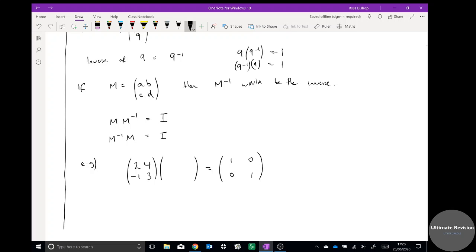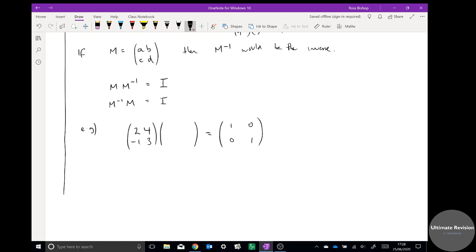Effectively, we're trying to work out the inverse of A, where A is equal to 2, 4, minus 1, 3. Another way of posing this question is to find the inverse of A, which is this matrix here, okay? So what would have to go in there in order to give us the identity matrix as an output? I could have done it the other way around. I could have put the inverse first and it would have been the same.